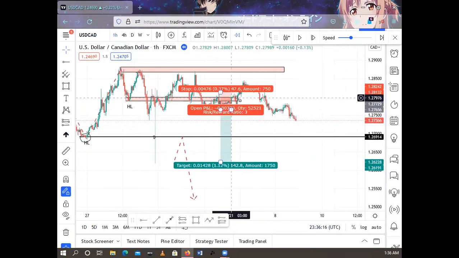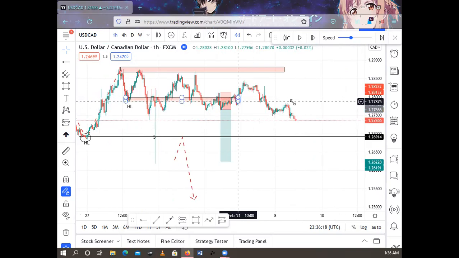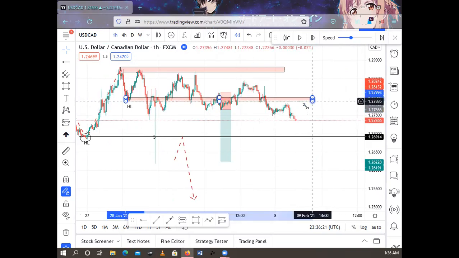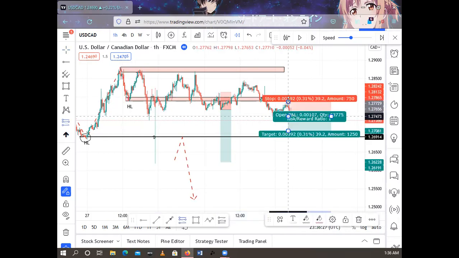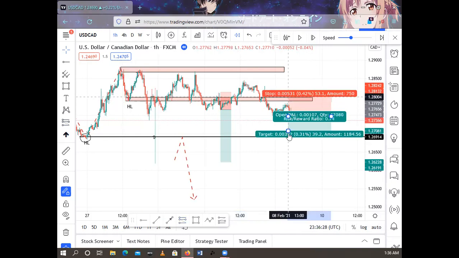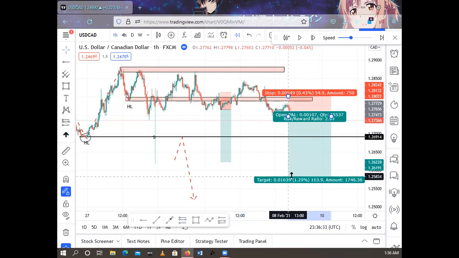This is a very good break of structure here, right? Here, waiting for the market here, putting the stop loss above this, and our 1:3 risk reward ratio.